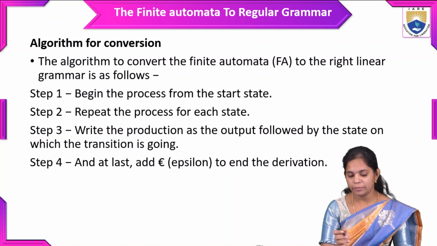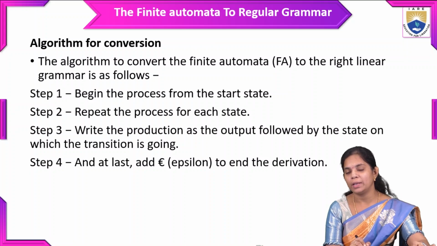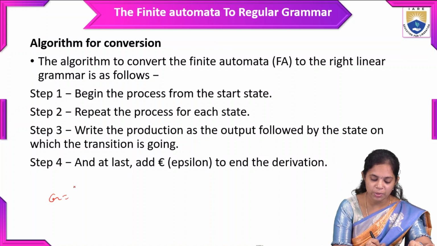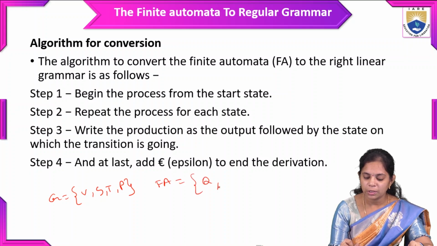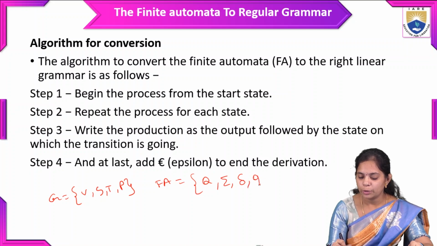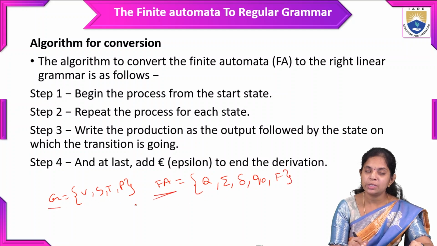Generally we have to equalize these two representations. A grammar is represented with a 4 tuple, and a finite automata is represented with a 5 tuple: Q, sigma, delta, q0 the initial state, and the final states. So we need to equalize these two.